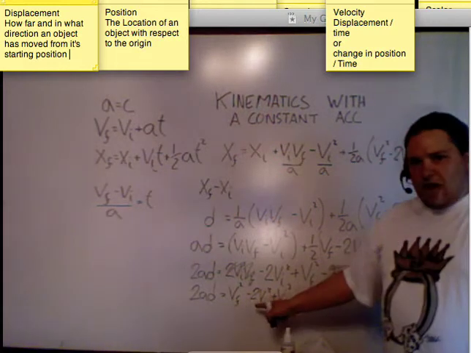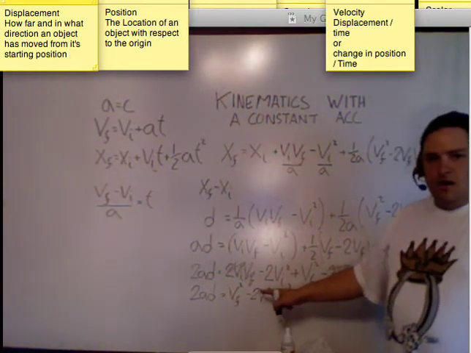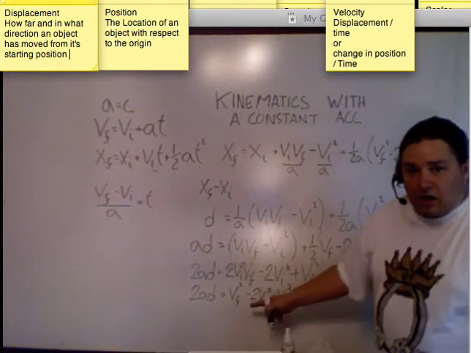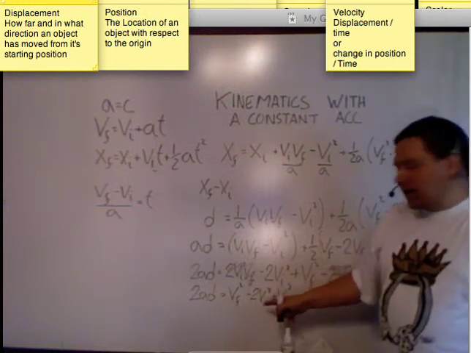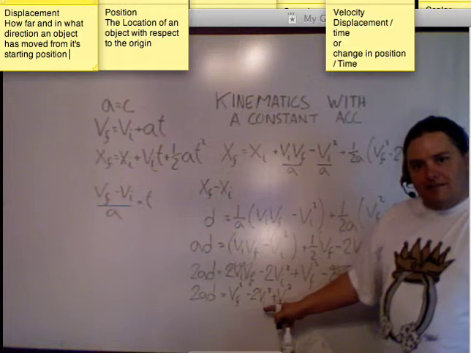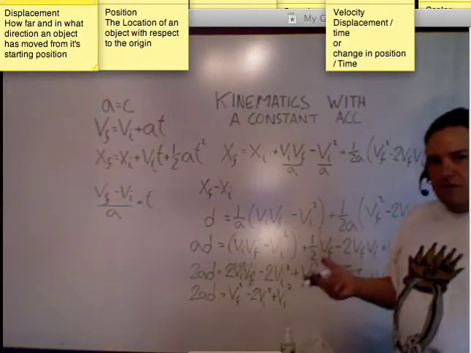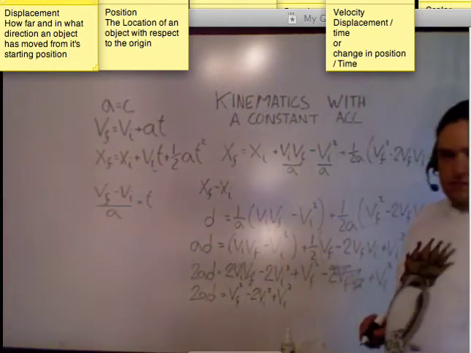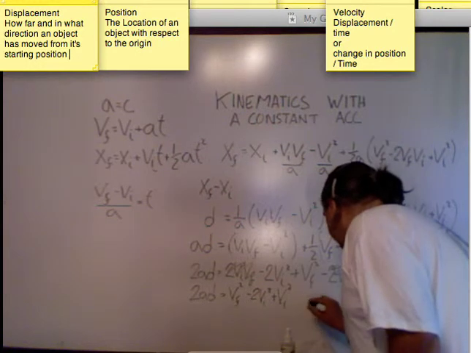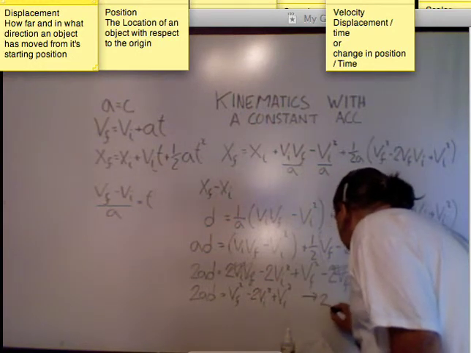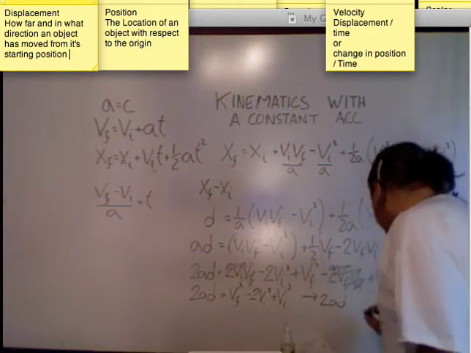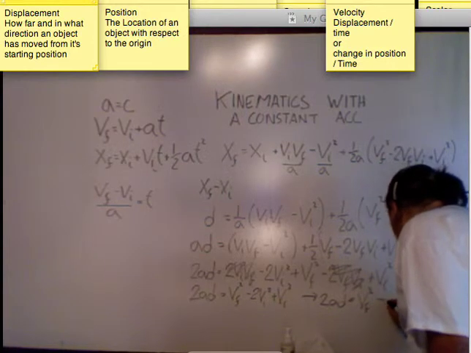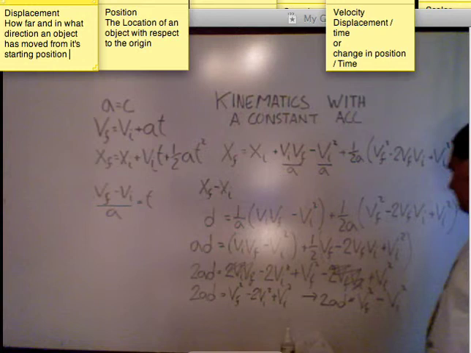Well, negative 2x plus 1x gives me negative 1x. So this x that I'm talking about, I'm actually referring to this velocity initial squared. This is a variable. Whether it's squared or not, it's just a variable. So that translates into two times the acceleration times the displacement is equal to v final squared minus v initial squared.